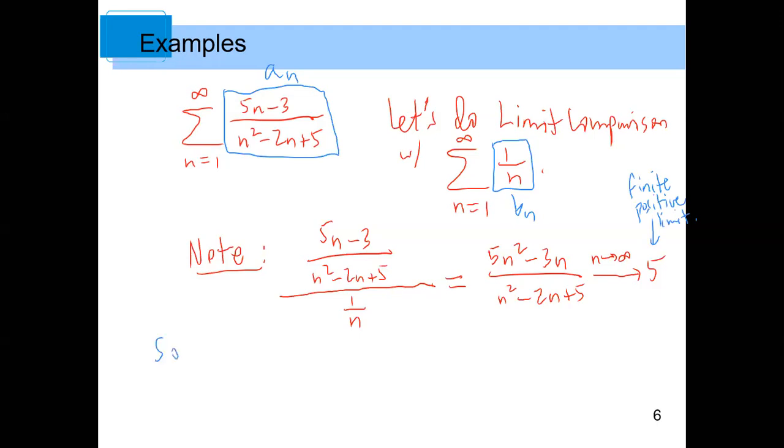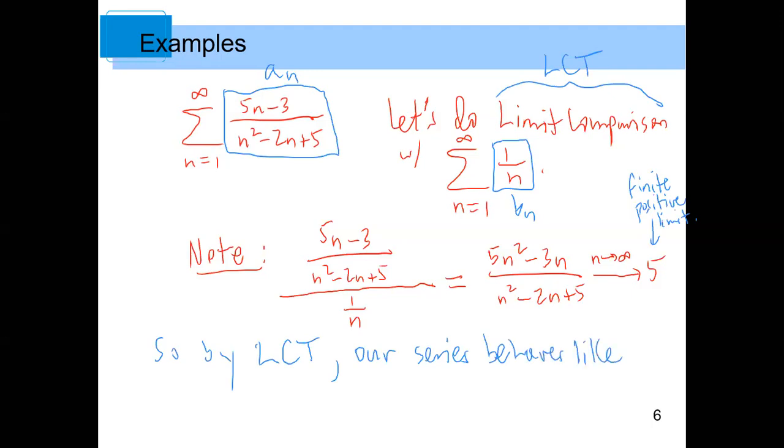So sometimes I like to call limit comparison test, I just go LCT for limit comparison test. So by LCT, our series behaves like what? What does it behave like? By the limit comparison test, it behaves like series 1 over n.